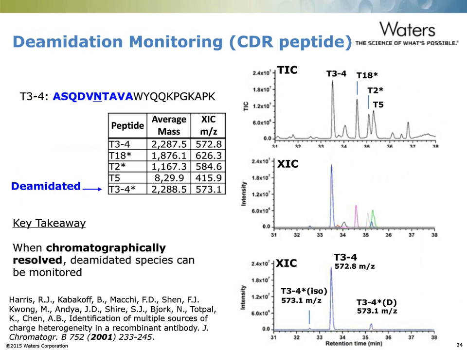In addition, we've seen and heard a lot of interest in looking at deamidation. This is an example of looking at a deamidated peptide from the CDR region, where we can see in the total ion chromatogram a number of species, some of which are partially co-eluting, whether with related species or unrelated species.